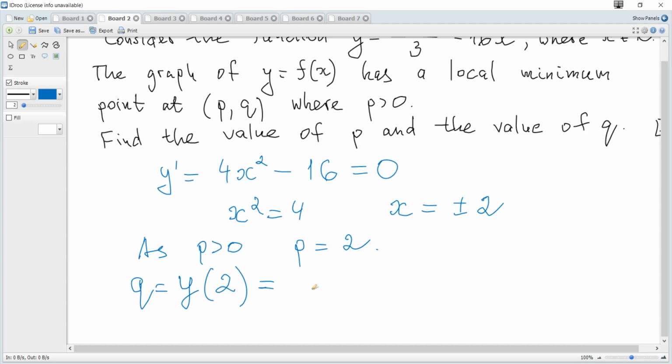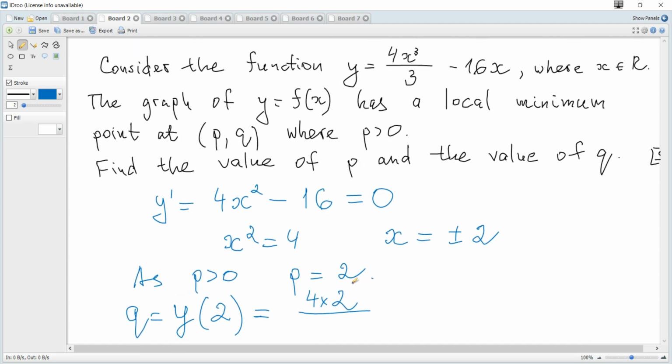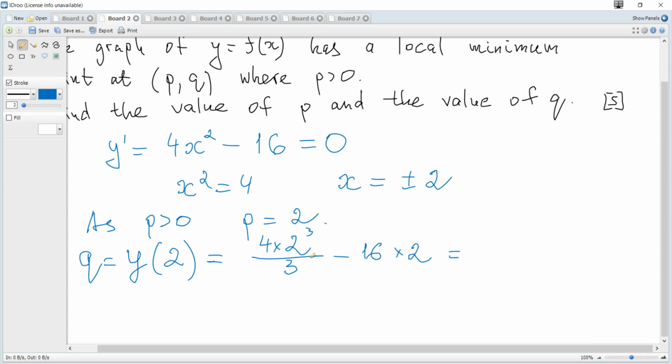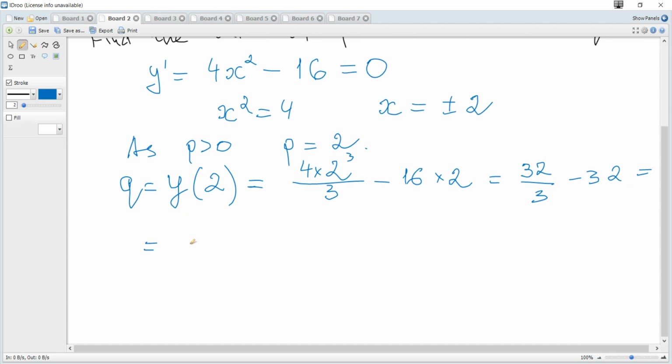Substituting 2 for x, it becomes 4 times 2 cubed over 3 minus 16 times 2, which is 8 times 4 is 32 over 3 minus 32. We can factor out 32, and it becomes 32 times (1/3 minus 1), which is −2/3, so it's −64/3.